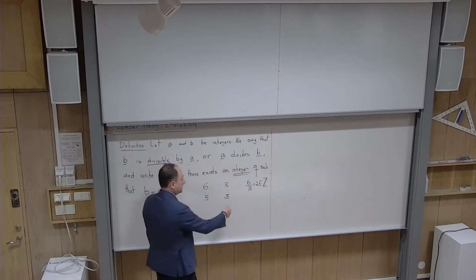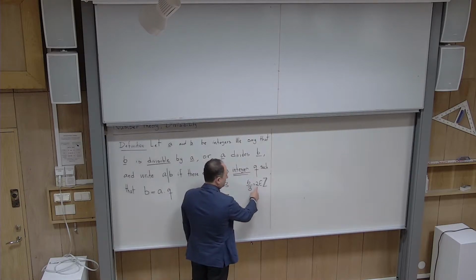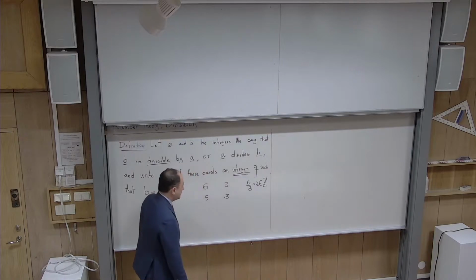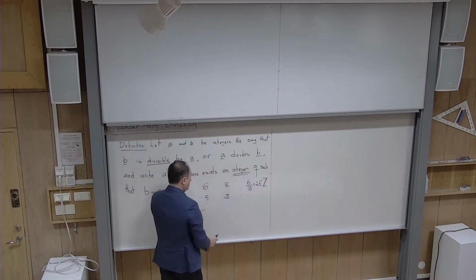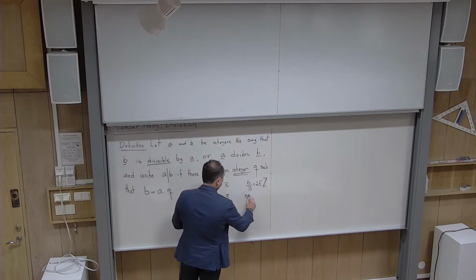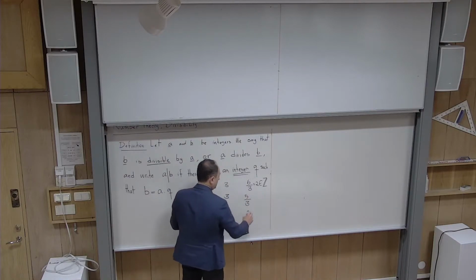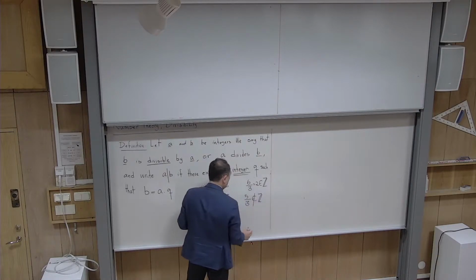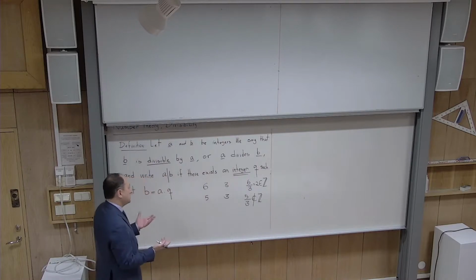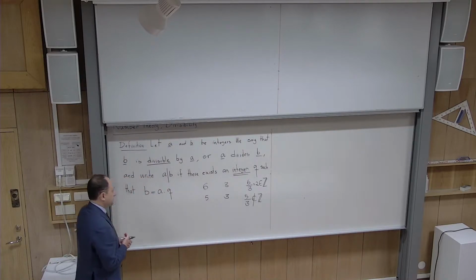So if you want to read it, we can say 2 is an integer, or you can say 2 belongs to the set of integers. So the reason that 6 is divisible by 3 is this. And then if you do the same thing here, if you divide 5 by 3, it does not belong to the set of integers. So this is the reason, or actually this is the definition of divisibility.